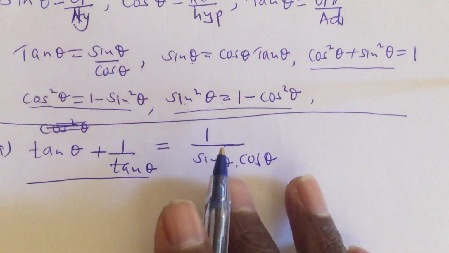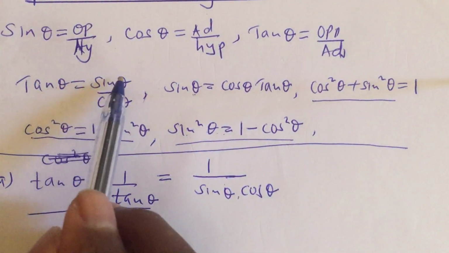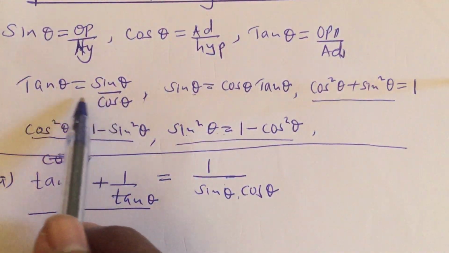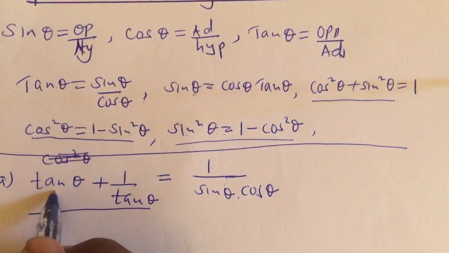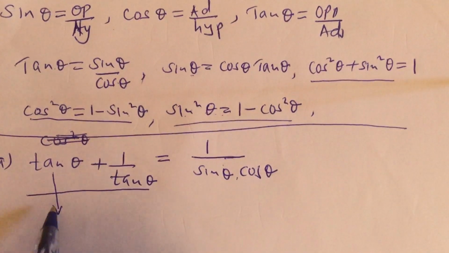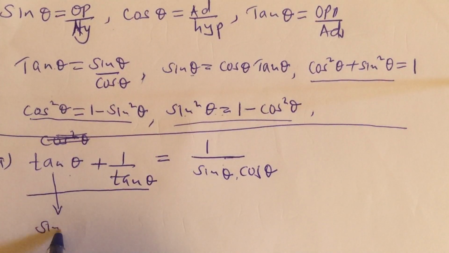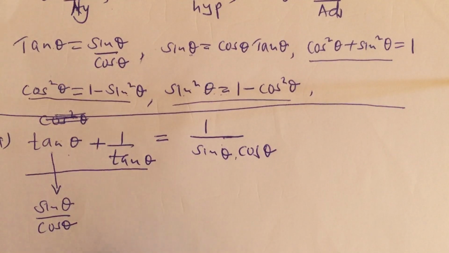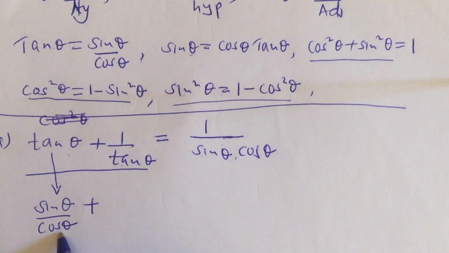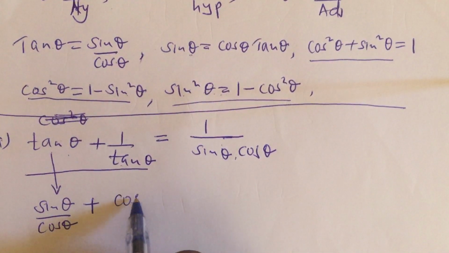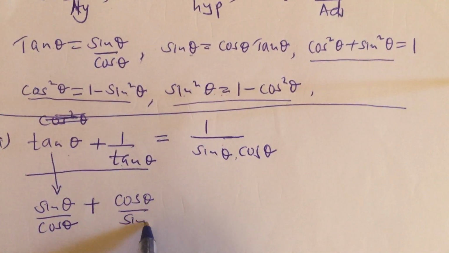Now, remember, from the discussion up here, we already know that tan theta is sine theta over cos theta. Therefore, for this one, we are going to say that tan theta is sine theta over cos theta, right? Then plus the reciprocal of tan theta, which will be cos theta over sine theta.